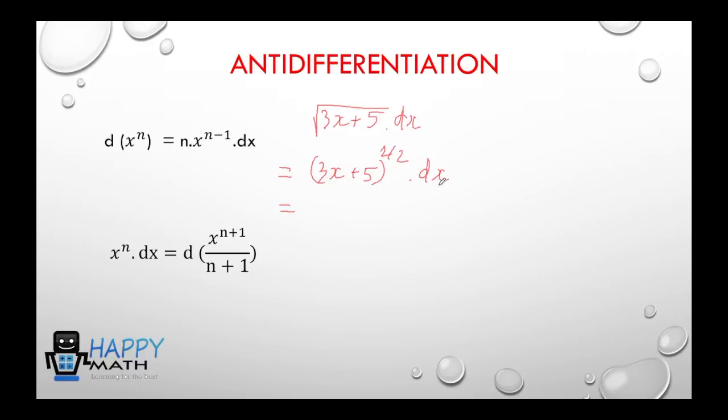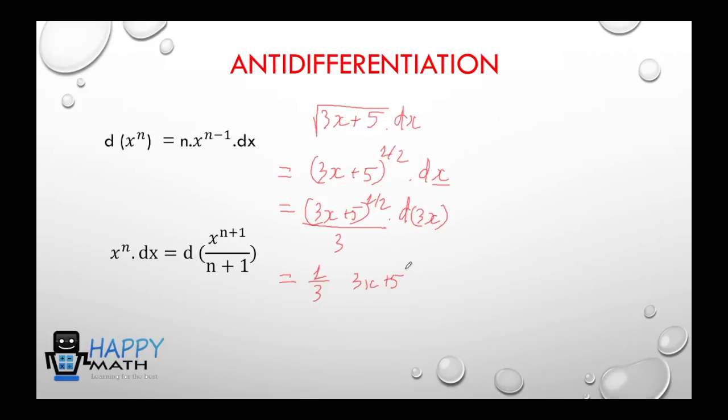The inside function is only x, so I should change the inside function to become 3x plus 5. So first, I have to change from x to 3x. I multiply by 3, and of course, you have to divide by 3 to cancel.